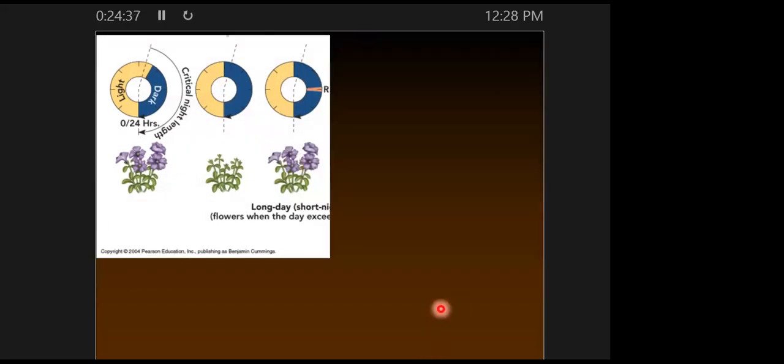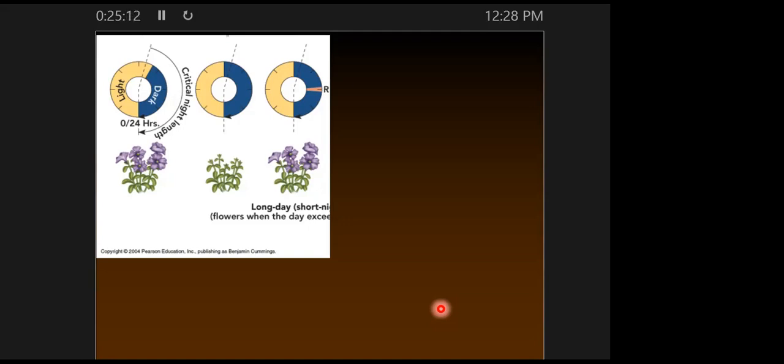Then they started going, well, what would happen if we create a situation where we shine light on the plant, similar to the second scenario, but then we come in the middle of the night and shine red light on the plant? So they did that experiment and they were really stunned to see the plant went ahead and decided to flower under those conditions. They were like, what?